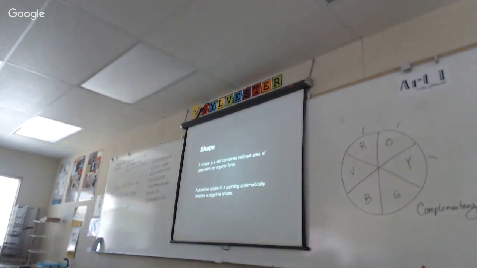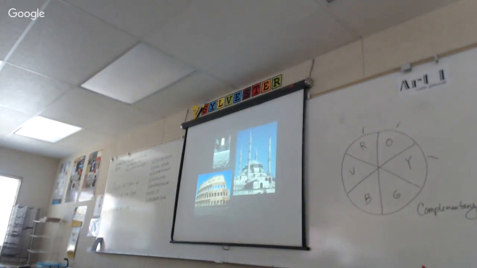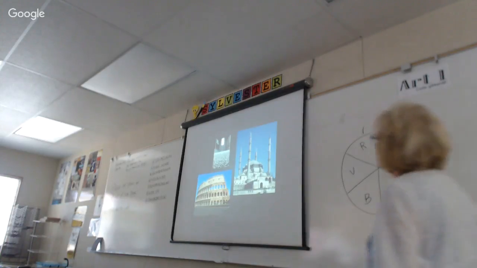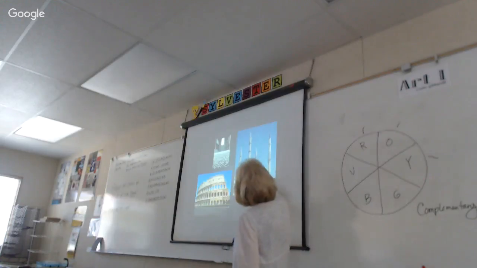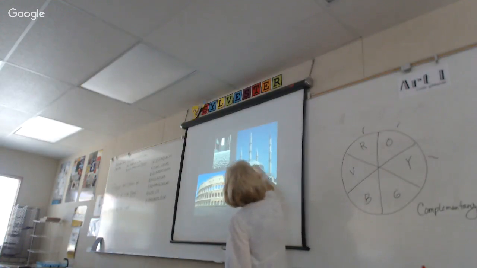Okay, shape is a pretty self-contained and defined area of geometric or organic shape, form. So a positive shape in a painting automatically creates a negative shape. So you can see in architecture that shapes make a huge difference. Notice the repeated shapes in this mosque.